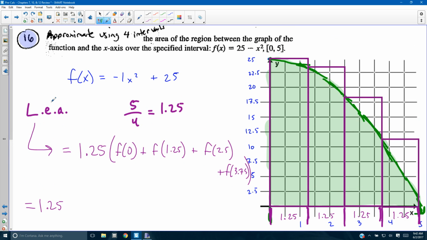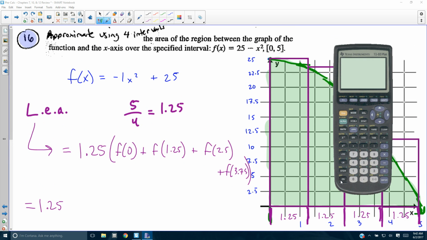What I'm going to do in the calculator is go into y equals, create this equation, 25 minus x squared. Okay. And then I'm going to go to my table, and I'm going to plug in the values that I want to plug in. Now, these all are increments of 1.25, so I can just do that. I can start at 0, and I can increase by 1.25 each time.